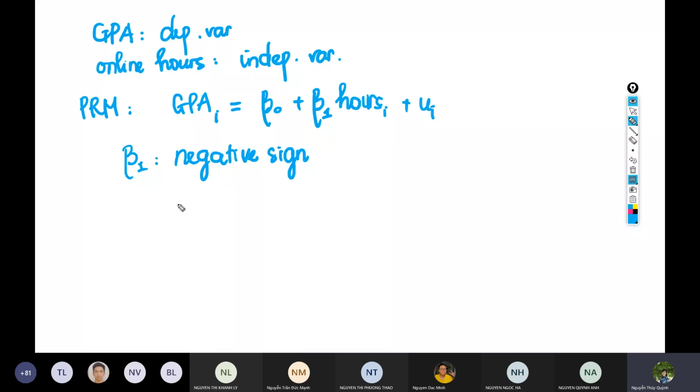And it's possible that the GPA will be lower, all right? That is the mechanism. And you can also find some more research to support your idea, all right? So that is our explanation for the expectation of the negative sign of the slope. Okay, thank you. Thank you, Khánh Ly.